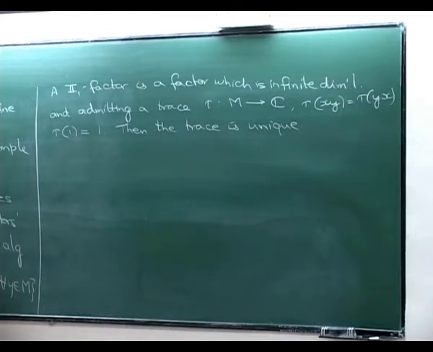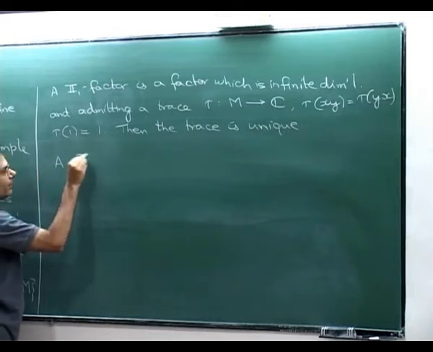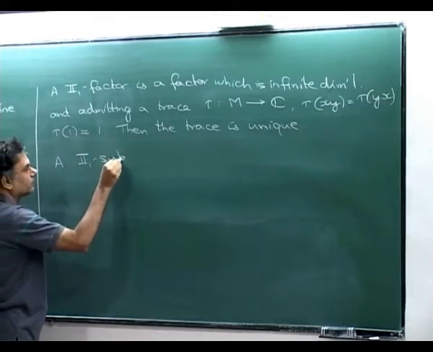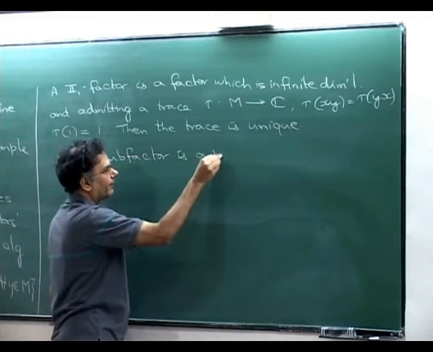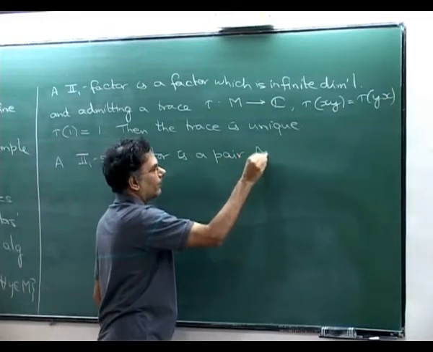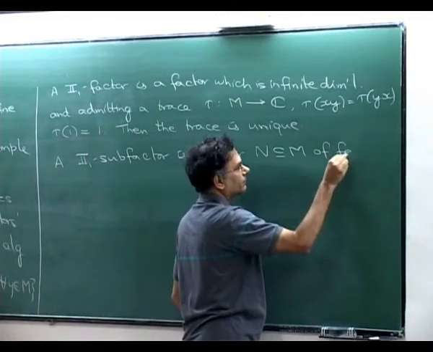Now, this is a II_1 factor. Now, this Jones paper is about subfactors. So a II_1 subfactor is, as you might imagine, a pair N contained in M of factors.